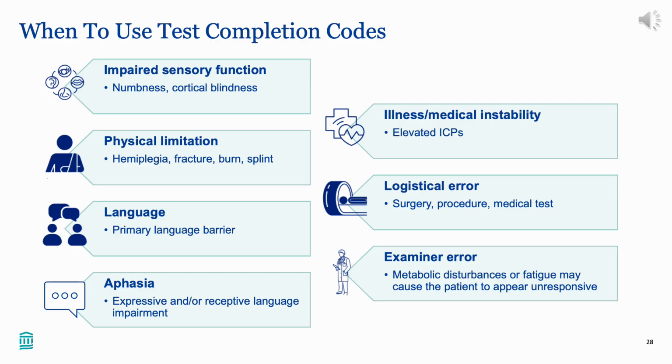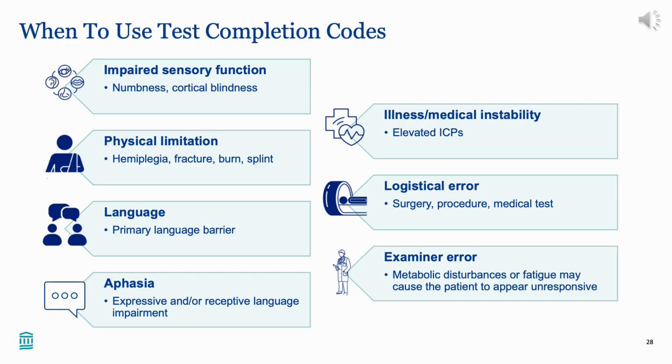For instance, a patient with impaired sensory function, such as numbness or cortical blindness, may be unable to respond to certain test items. In these situations, the examiner should use an appropriate TCC to document the limitation. Physical impairments are another frequent reason for incomplete assessments. Conditions such as hemiplegia, fractures, burns, splints, or spinal cord injuries may prevent a patient from fully participating in the evaluation.